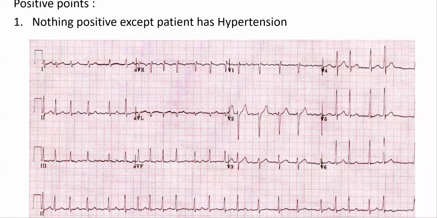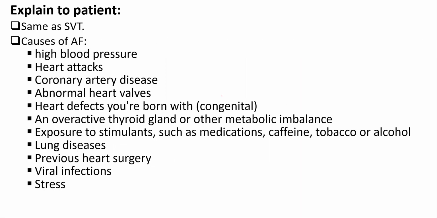Patient who has got ischemic heart disease, structural heart disease, valvular heart disease, even sometimes, let's say, a patient having congenital heart disease, hyperthyroidism, all of this can cause atrial fibrillation as well. So we will try to rule those out anyway in our history, but most of the time you can just get patient has hypertension, nothing else.